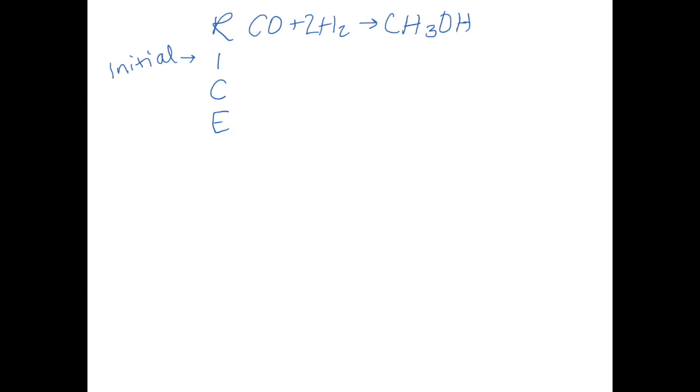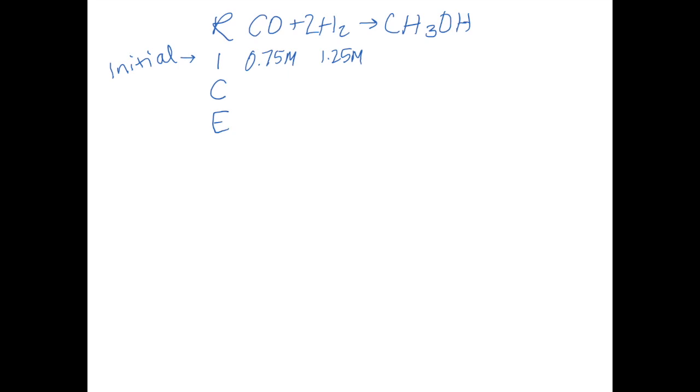That's any concentrations that we know initially. You always want molarity or moles, but I always use molarity in a RICE table. You don't use mass. It's always concentration, or like I said, you can use moles too, but I like to use concentration. So initially, the problem said that we had 0.75 molar CO, and we had 1.25 molar H2.